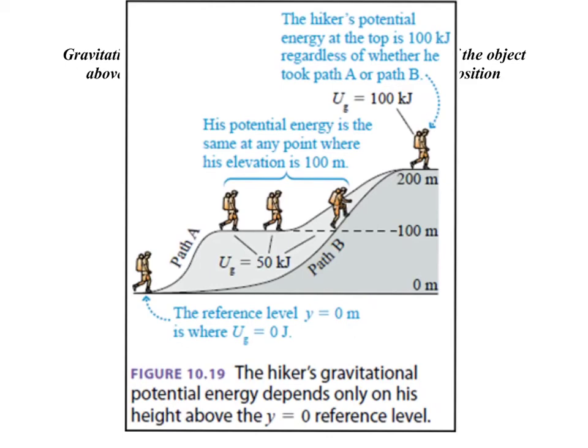So it's the same value at any point on path A where he's at a height of 100 meters above the reference level. If he had instead taken path B, his gravitational potential energy at 100 meters would be the same 50 kilojoules. It doesn't matter how he gets to the 100 meters, his potential energy at that height will be the same.